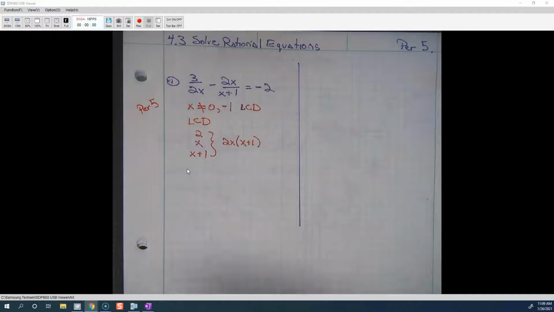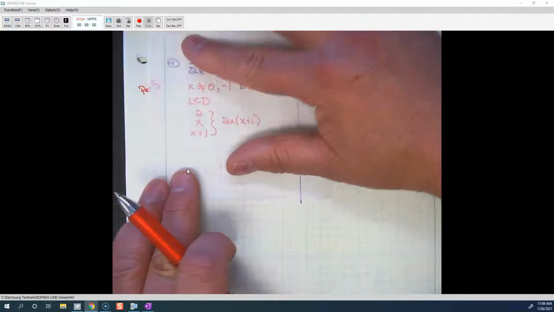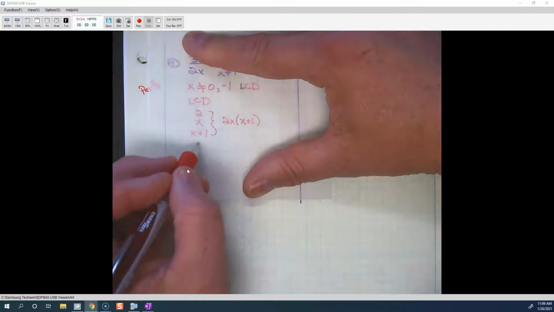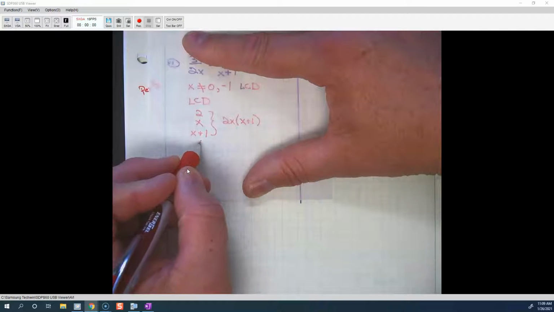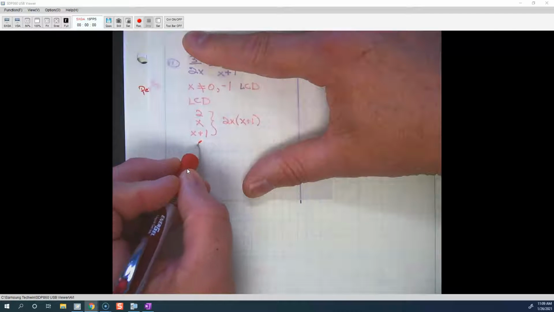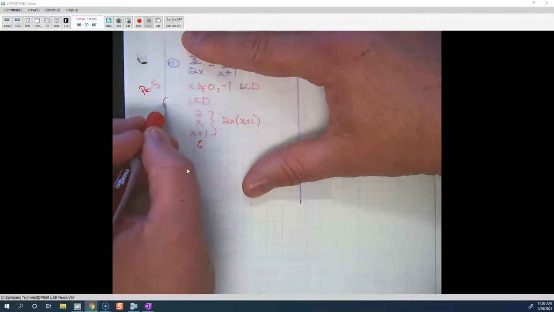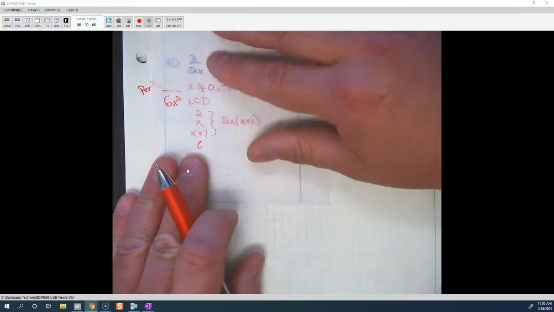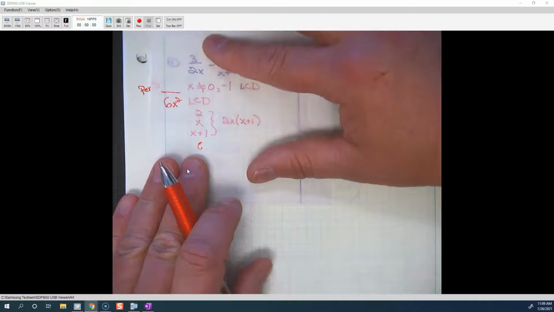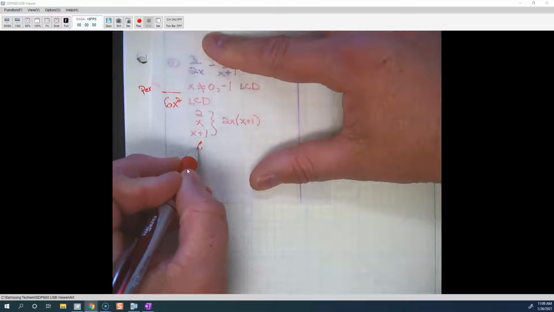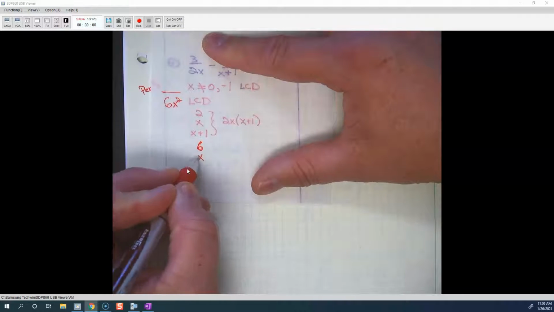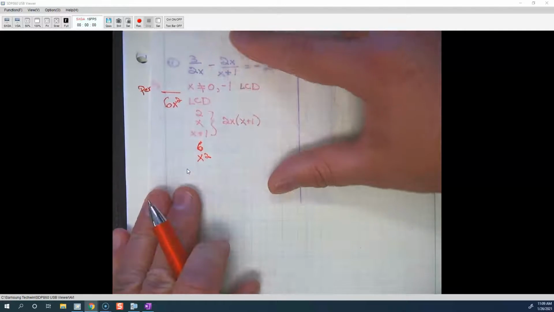Now just to show you the difference, let's say there was another fraction in it, and its denominator was 6x squared. Then what I would add to that list is a 6 and an x squared.